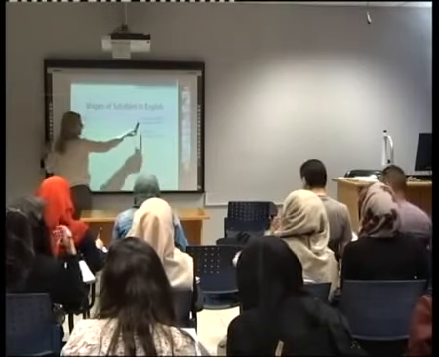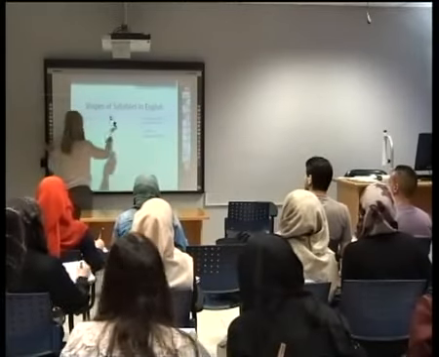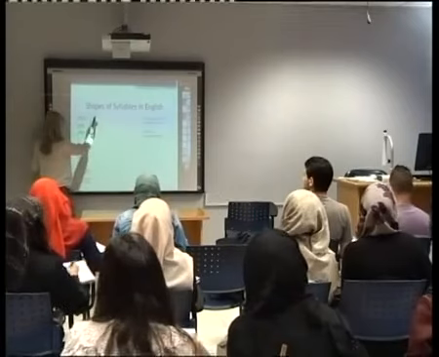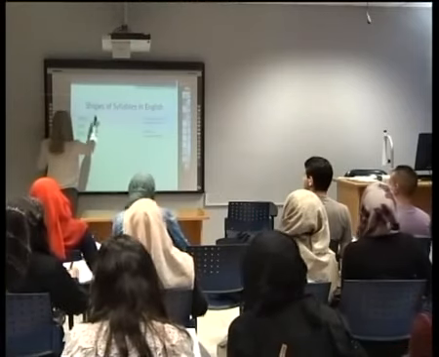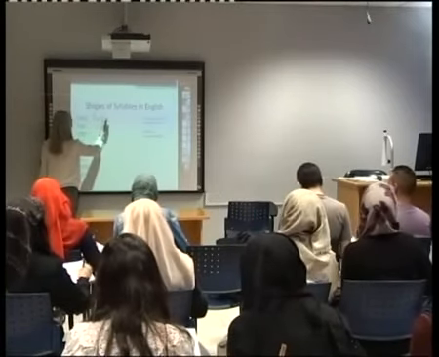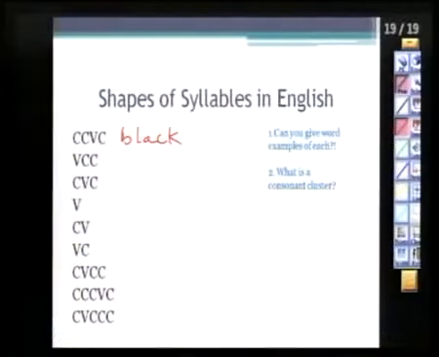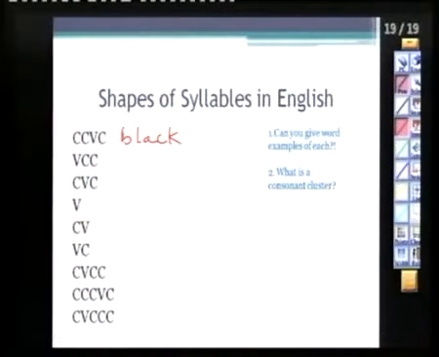So I'm asking you here a question. Can you give word examples of each? So this one, just like black. Okay. Remember, the C and K in here is pronounced as a sound k. We don't care about the spelling. Be careful. Now you have VCC, just like art. You have CVC, just like sat.